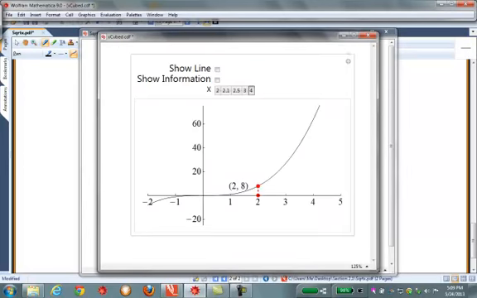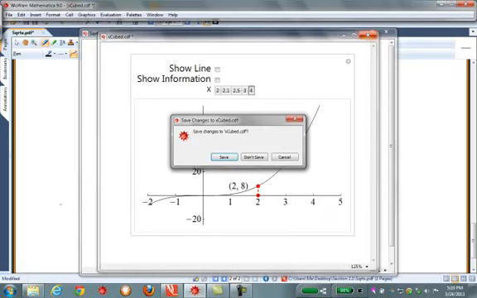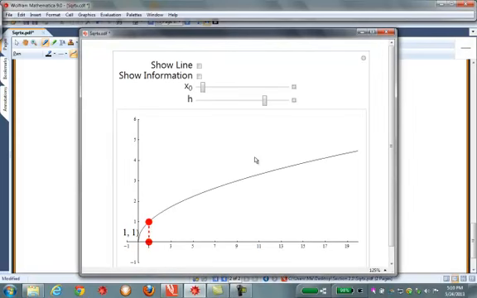Oops, I have somehow the wrong one here. There it is. Here's the square root of x, and if I look at this at 1, let me look at the tangent line. So here's 1 and 16, so in this case 1 is x0, 16 is x0 plus h, so h must be 15.